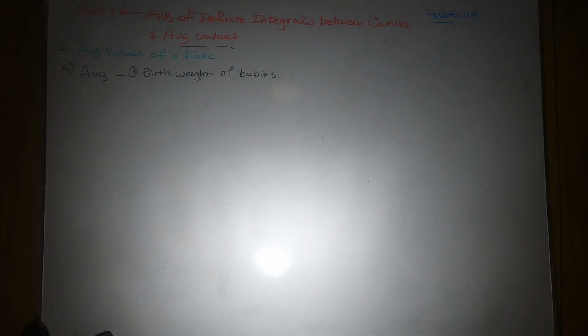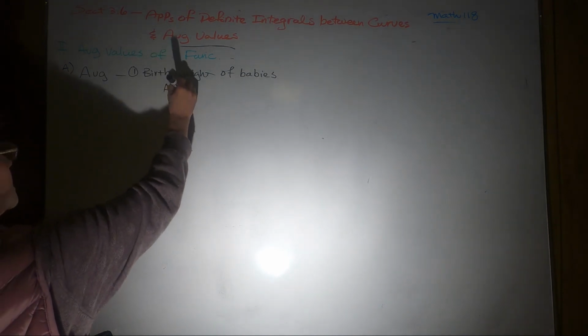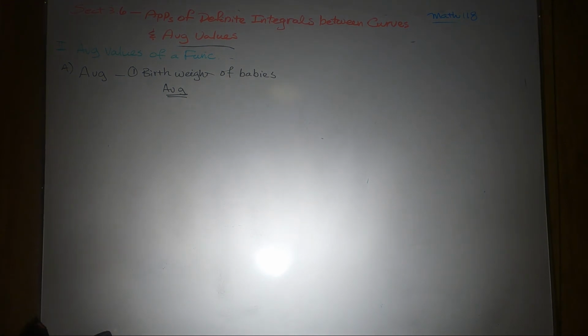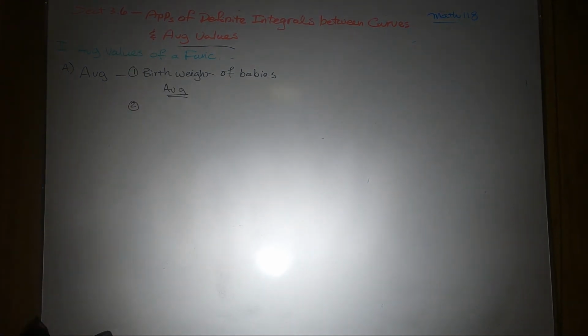So we compare to the average weight, to see whether the baby is relatively on the heavy side or pre-birth, these types of things. So we want to know the average of the baby's weight to compare, for the birth weight of babies.